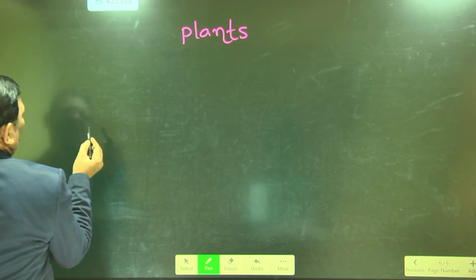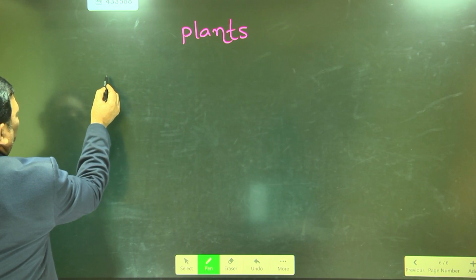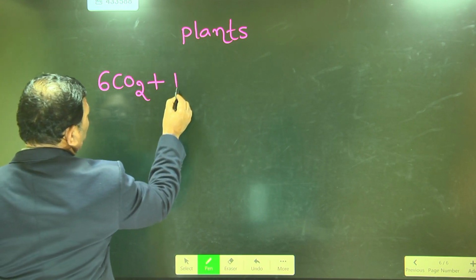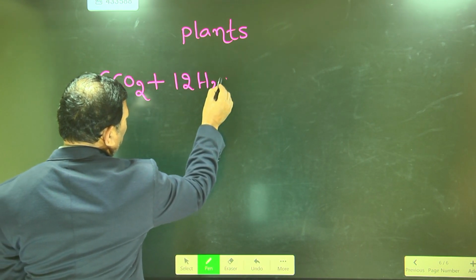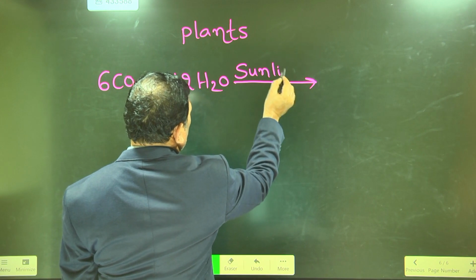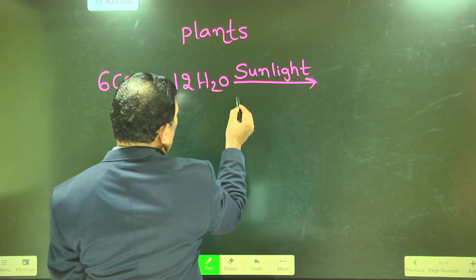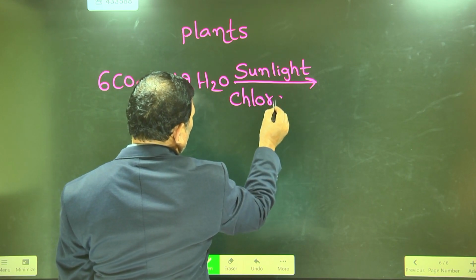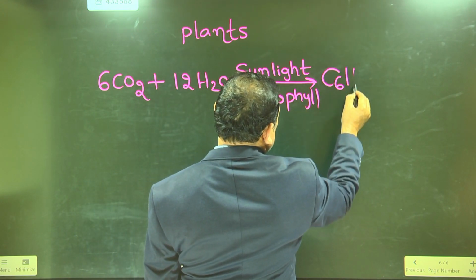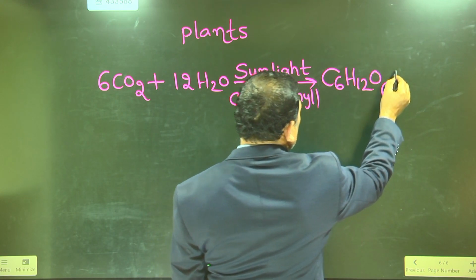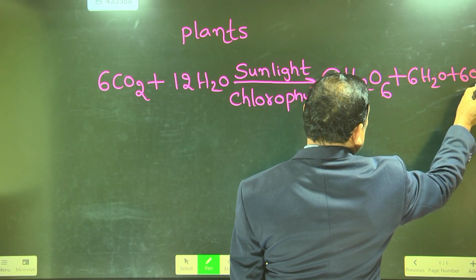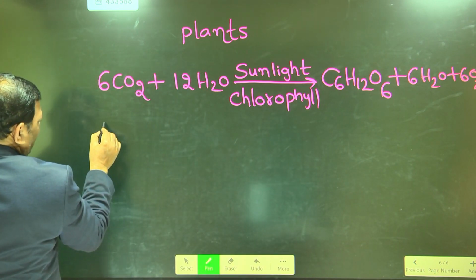You know very well: 6 CO2 plus 12 H2O, under sunlight and chlorophyll, gives C6H12O6 plus 6 H2O plus 6 O2. This is the equation for photosynthesis.